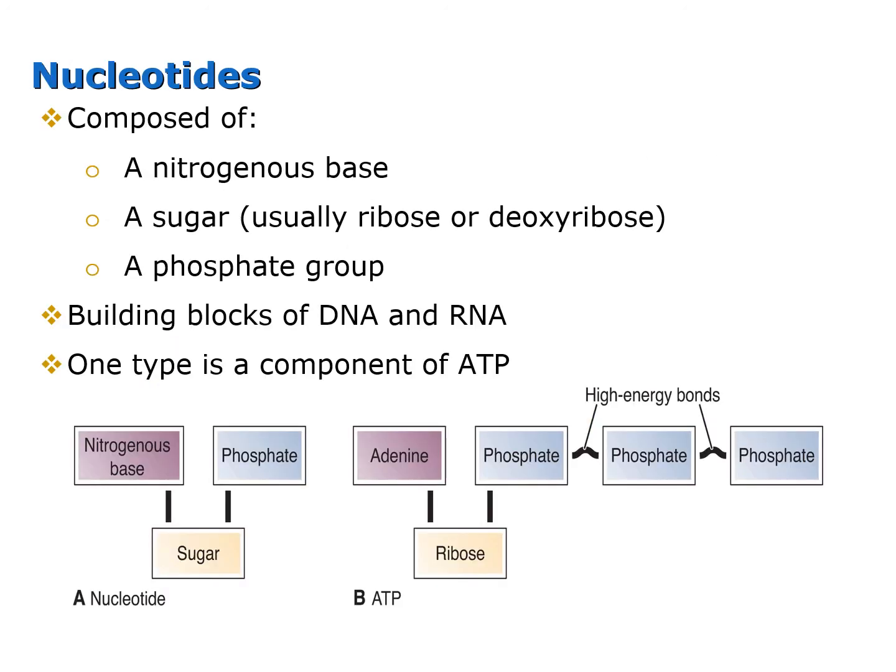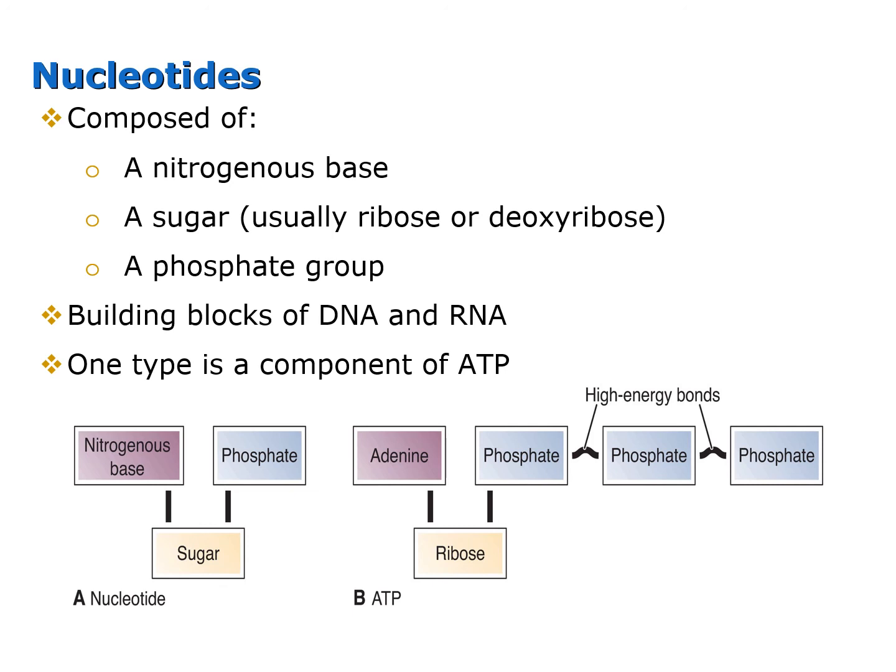Nucleotides. So this is seen nowadays as an additional class of organic compounds, and the nucleotides are made out of a nitrogenous or nitrogen-containing subunit, which is called a base. Please don't confuse that with an alkaline base. It's just a base as a foundation. We'll have a sugar.